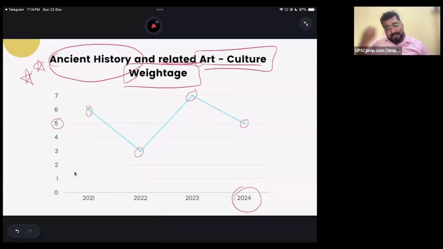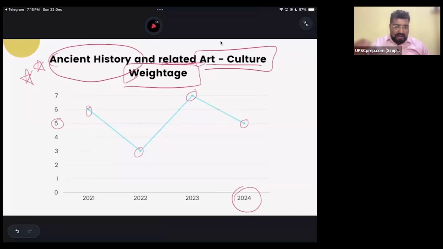Could you name, if you are aware, what was the type of temple architecture which came into prominence during the Gupta period? You can take a guess. That style of architecture. Yes, good. Many of the students are correct. It's Nagara style, right?